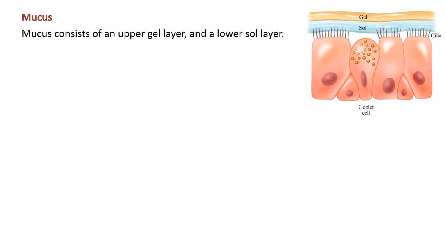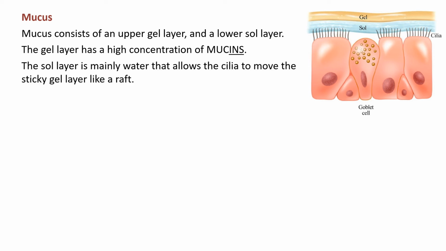Below that, we've got a watery sol layer that enables the cilia to waft through it and move that gel raft along. So the gel layer has a high concentration of glycoproteins called mucins. The sol layer is mainly water, and this allows the cilia to waft through it and move the gel layer along like a raft.